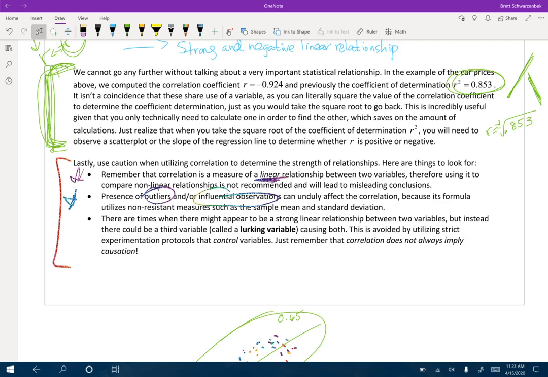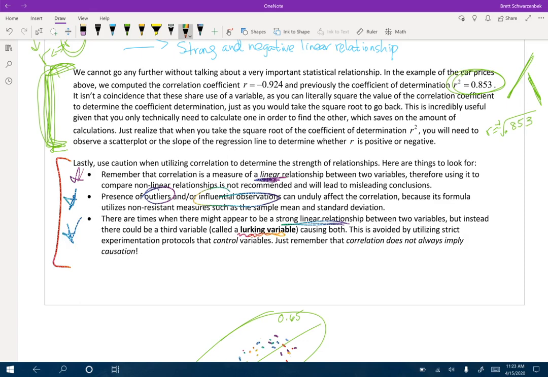Okay, last thing, reading it. There are times where there might appear to be a strong linear relationship between two variables, but instead there could be a third variable, often called a lurking variable, causing both. Okay, so what does that mean exactly?